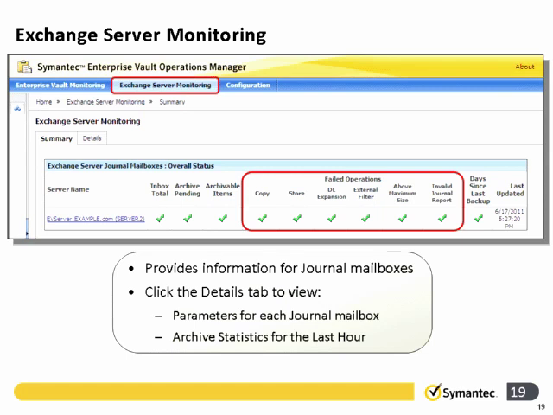In this particular case, we can see that there are green check marks for all of those different operations, such as copying, storing, doing distribution list expansion, and working with the external filters. Have you gone above the maximum size, or is there an invalid journal report? As well as the number of days since the last backup. If it's past the threshold, that will change over.